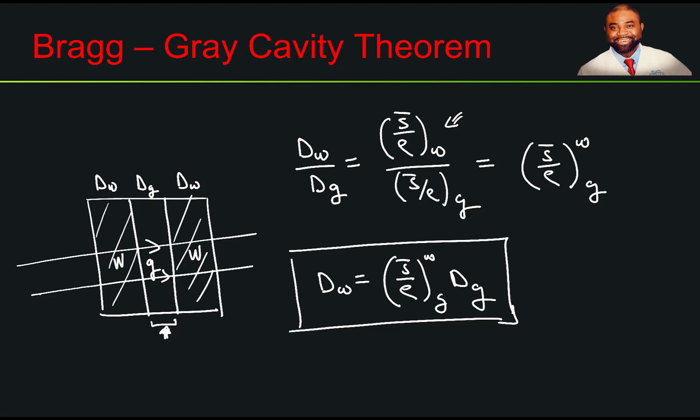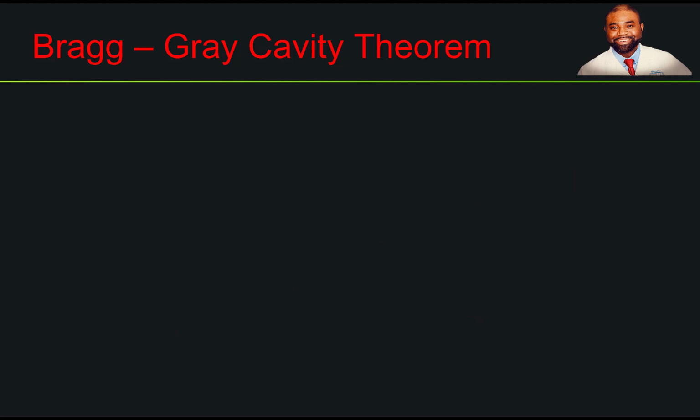In other words, the dose deposited in the medium is equal to the dose deposited in the gas multiplied by the ratio of the unrestricted mass collision stopping powers.